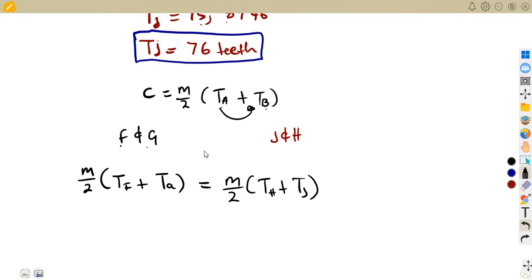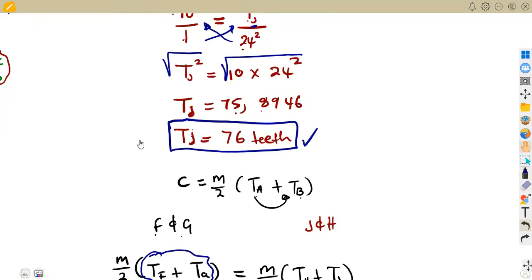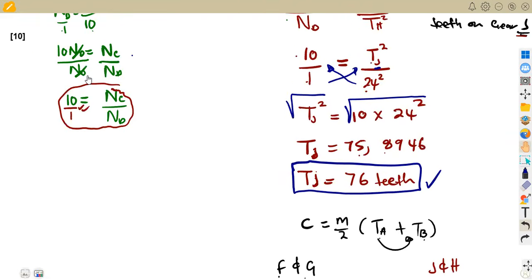Meaning to say, we are going to form an equation from this part. Because we have calculated TJ, we can now substitute it. TF and TG are the ones that we are supposed to calculate, so we are going to remain with them.